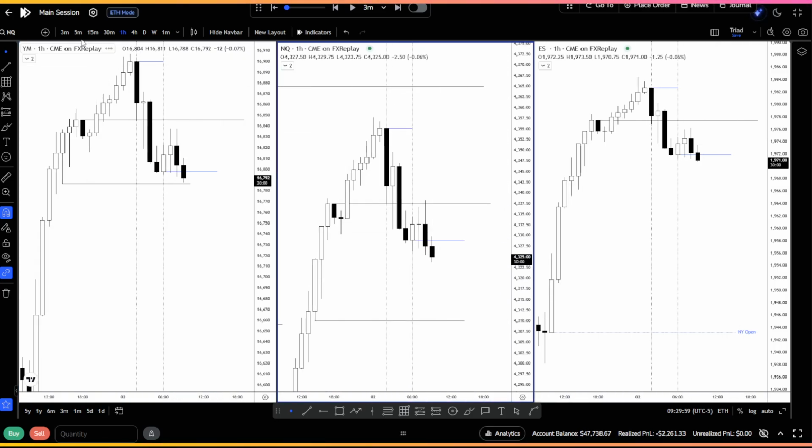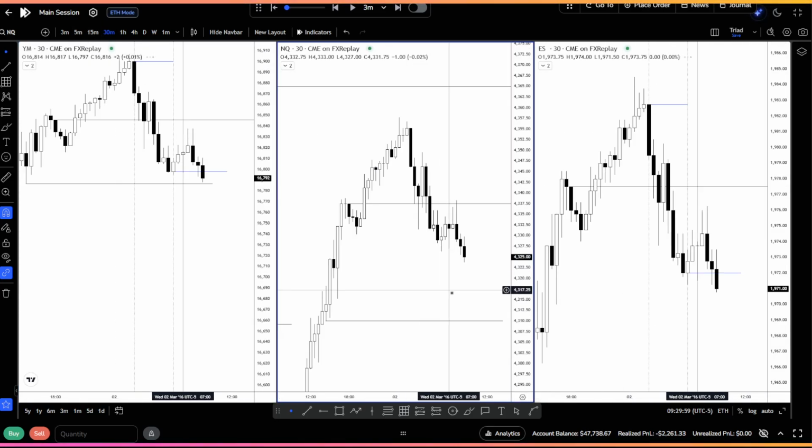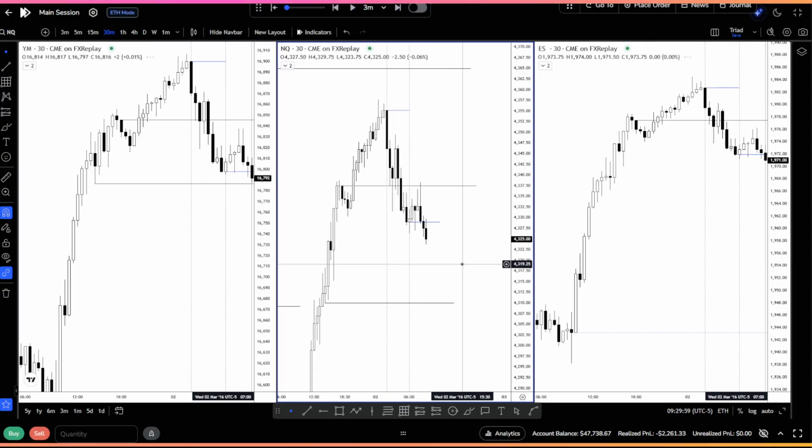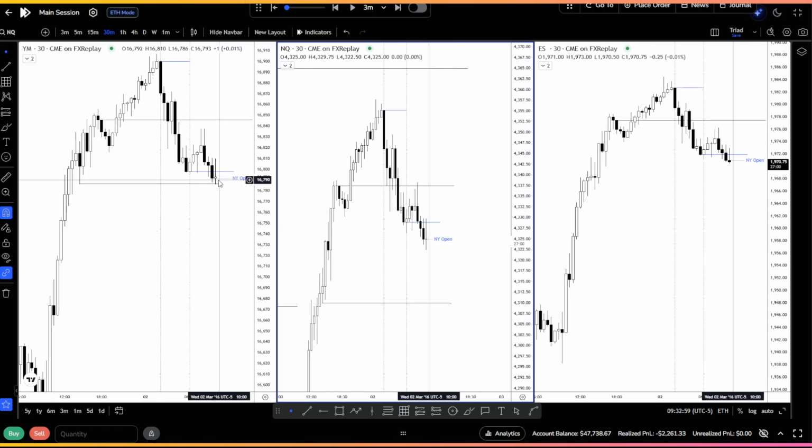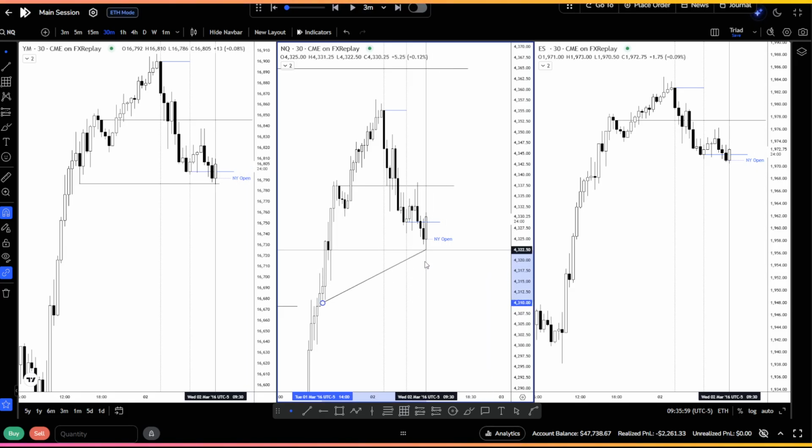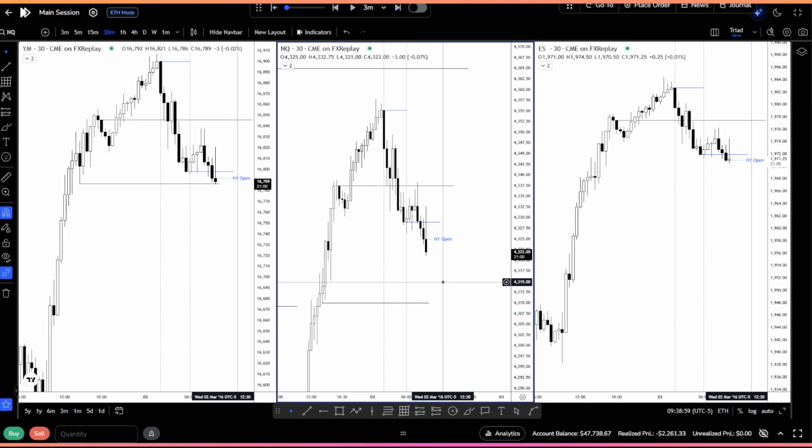We'll see how this goes. 30-minute, yeah, nothing to trade as of now. So we tapped into that swing point, and we do have this SMT just as of now. Not yet, not yet. Too early to say.